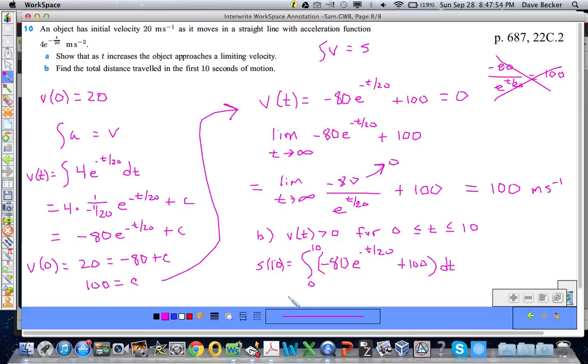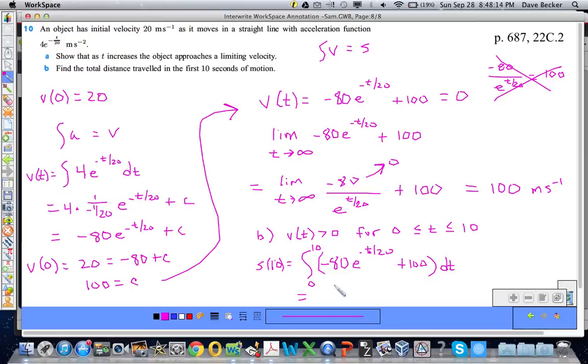Again, this is in the form e to the ax plus b with b equal to 0, so I'm just going to cut to the chase. You know how to integrate that.